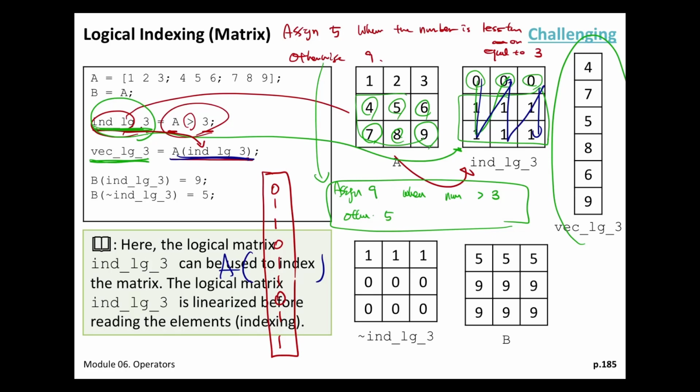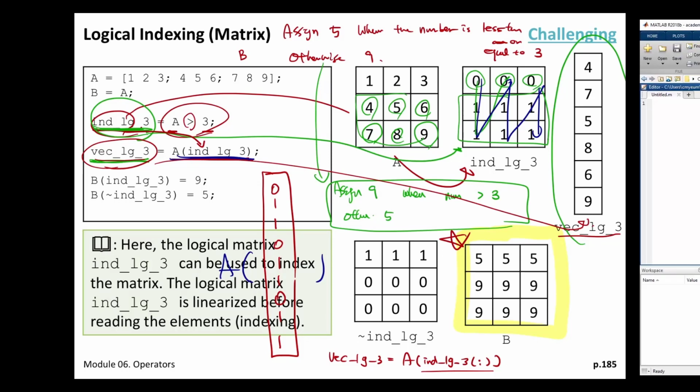Okay, can you get it? So basically in here, this one is the same as this one. This one is like a flattened vector in a linear indexing order.